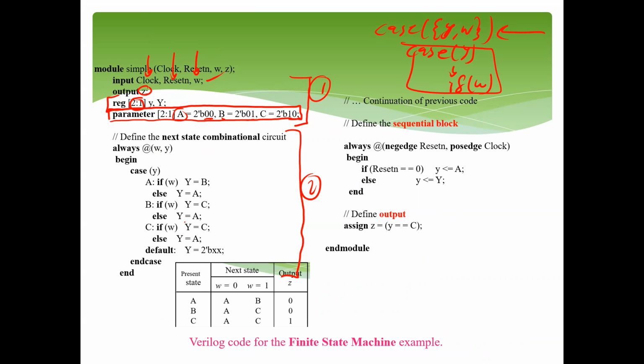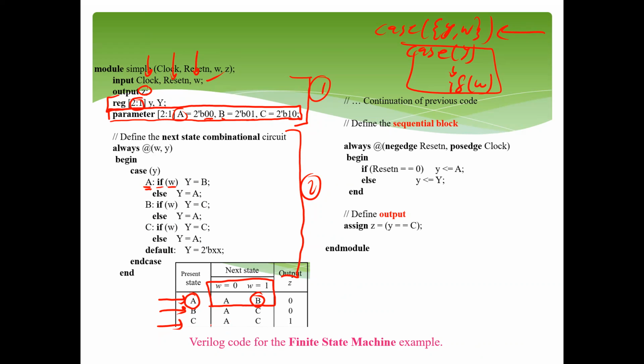So now, you write case Y, and you have three cases: Y equal to A, or B, or C. In case A, read this value out. If W is equal to 1, what's the next state?